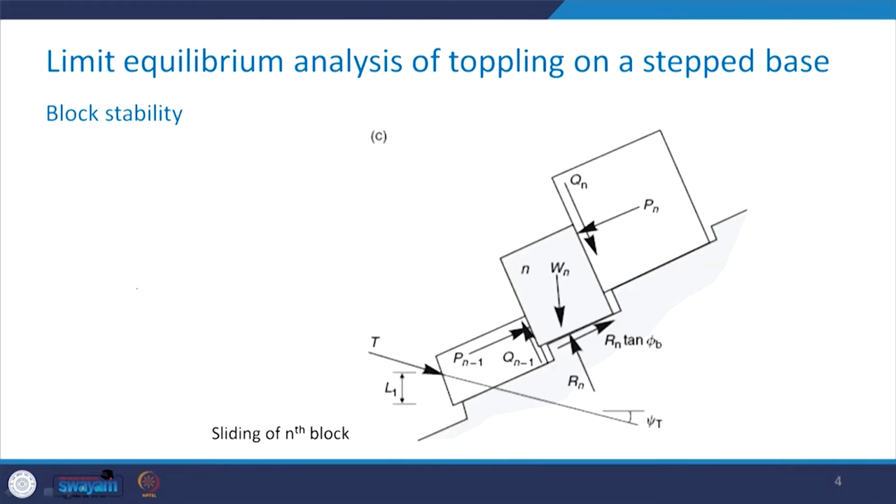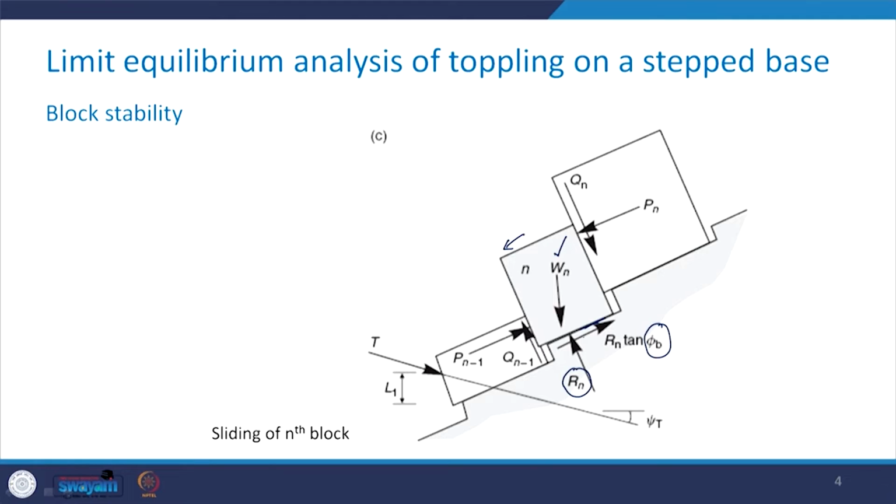Now if this nth block does not topple but slides, then you see that there is no gap in between these two planes, and this block is going to only slide. The weight is again Wn, this normal force is Rn, and the base friction angle is phi b.